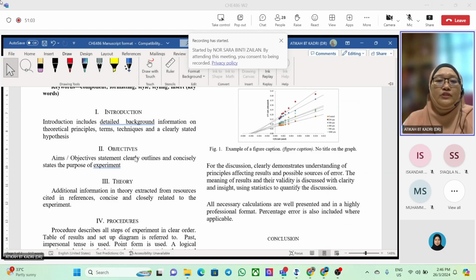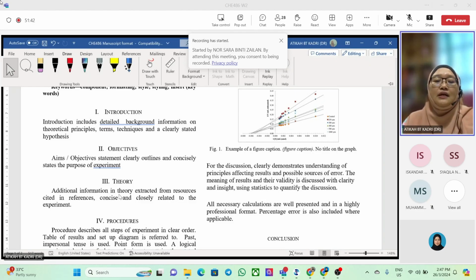As for the objective, this is where you write down the statements that explain the objective, which obviously show the purpose of the experiment. So for example, let's say in a particular experiment, you are going to investigate three things. For example, you want to know the function of A, and then you want to know the function of B, another one the function of C. So you should write the objective clearly in this section.